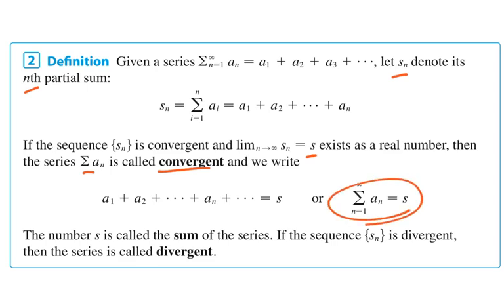If this number S, the number S is called the sum of the series. So if the sequence is divergent, then we call the series divergent. So you have to pay attention to the sequence, and then that will help you determine what's happening with the series. So up here, see, if the sequence is convergent, then we'll be able to find a sum. And if the sequence is divergent, then the series is divergent.